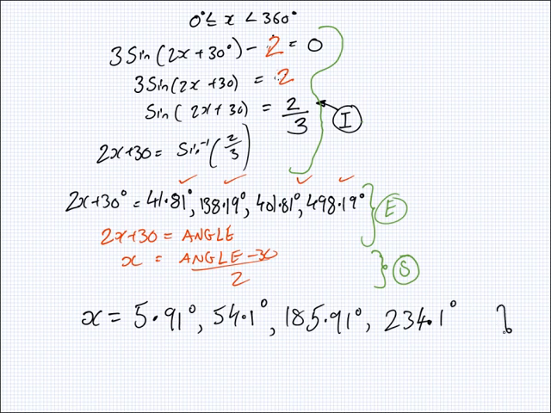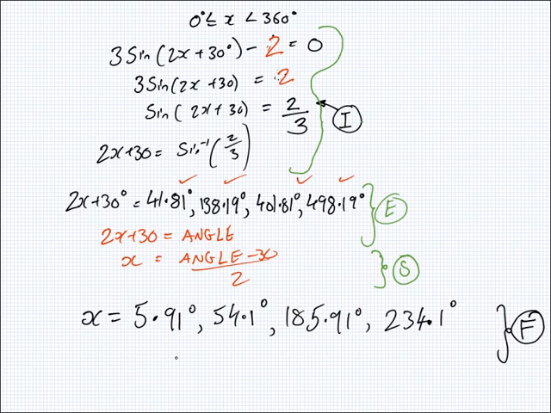Now, the last step is what I call the fixing step. This is where we have to fix any answers that fall outside the range. You might be tempted to think, if you got an answer of 400 degrees at this step, oh, well, I reject this answer. But no, it's possible to fix any answers that fall outside the range.